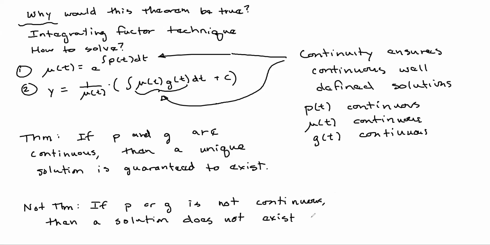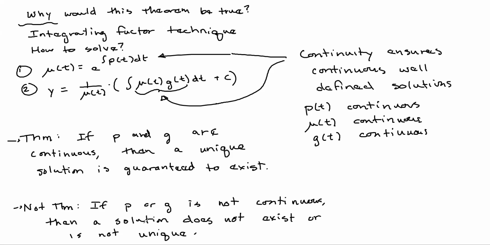Or the solution is not unique. So I want to be clear. The theorem does not say this. You cannot interpret that from the theorem. The theorem just talks about what conditions guarantee a solution.